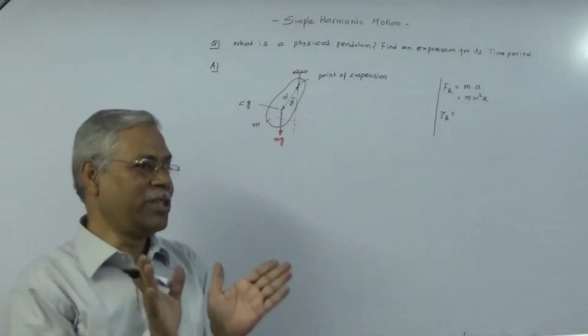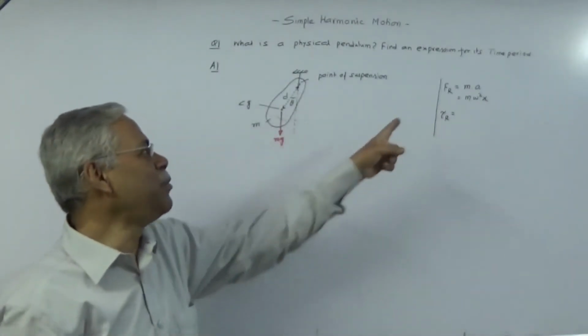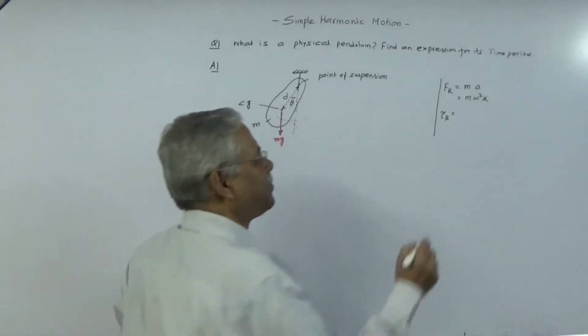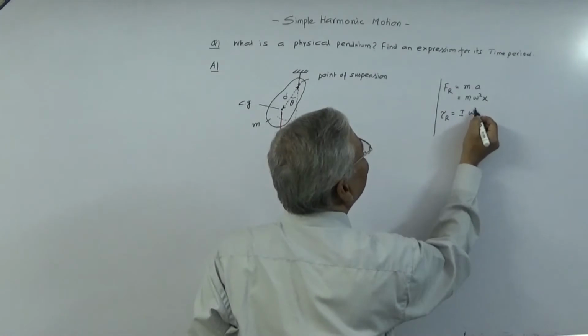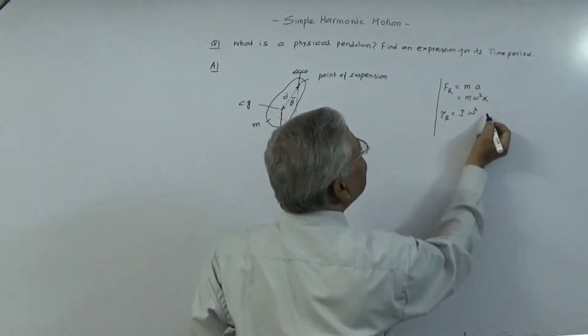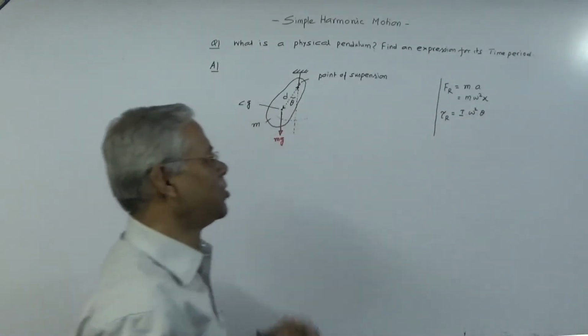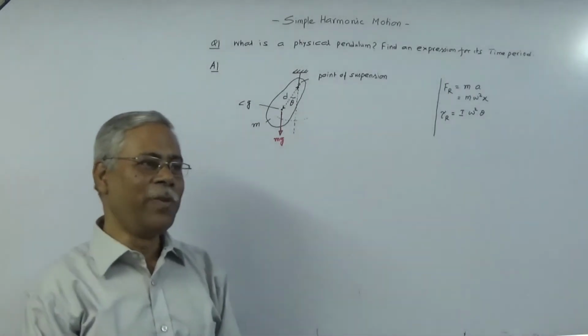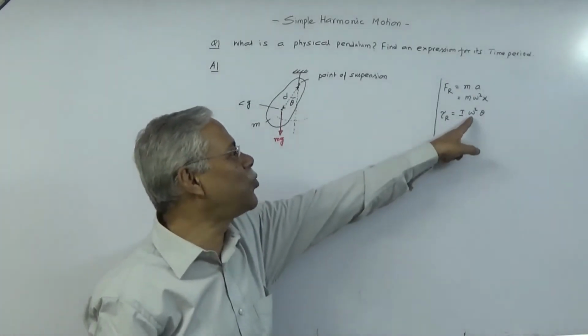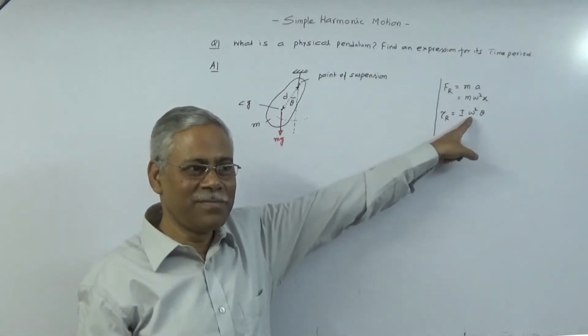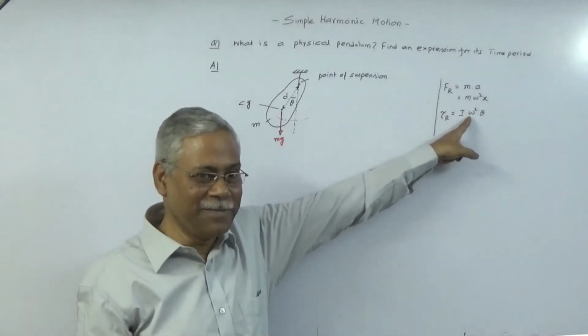You have studied rotational dynamics in detail. M should be replaced by I, omega square stays, and x will be replaced by theta. Good. So tau r equals I omega square theta. Now there is omega square in this expression, and what is omega? 2 pi by T.